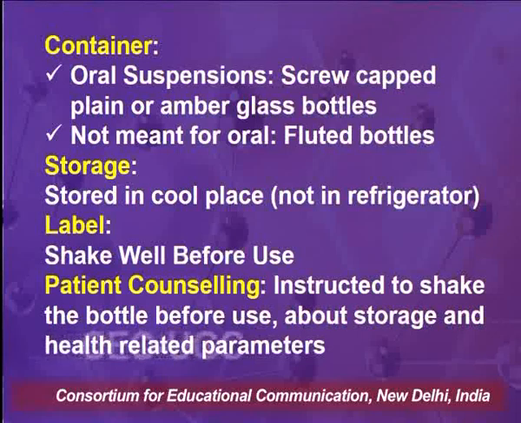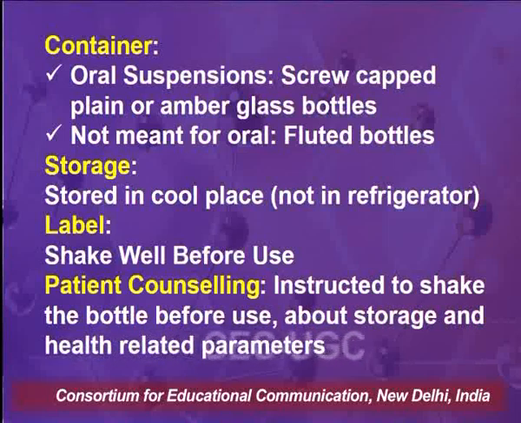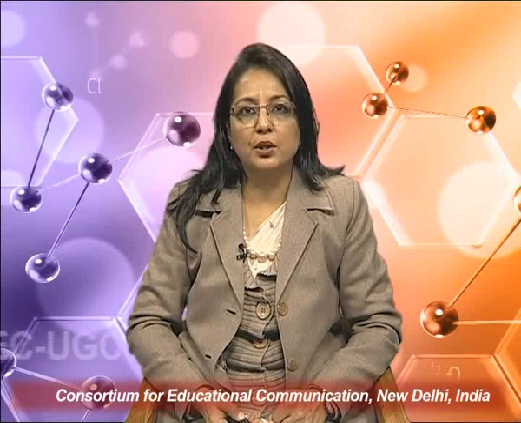The logic of using an amber glass bottle in context of suspension is to have good acceptability, because depending upon the type of suspension, whether a flocculated or deflocculated type, it is always advisable that suspensions are packed in amber colored bottles. And if the suspension is intended for use other than oral, then fluted bottles are the containers of choice.